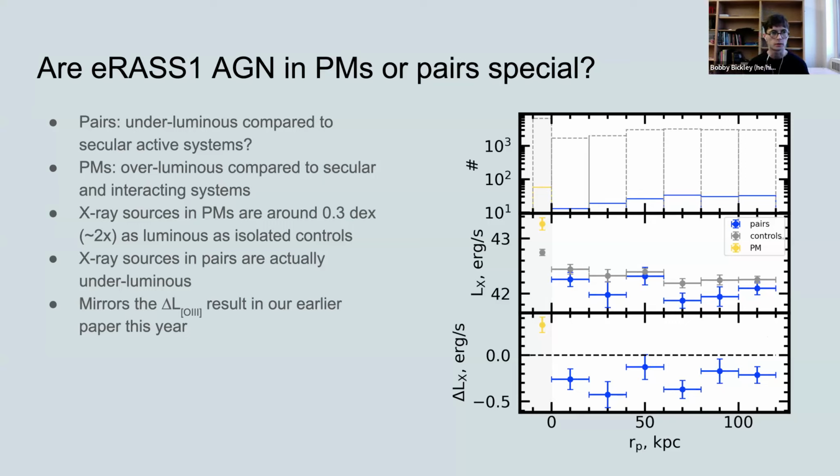And this mirrors what we found with O3 luminosity earlier in the year. It's nice to find this connection because in systems where we can observe both O3 emission line luminosity and X-ray luminosity, we expect a decently tight correlation between the two. And so it's good, or reassuring at least, that we back out a similar result here.